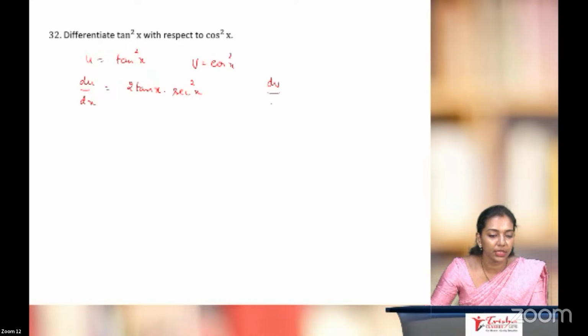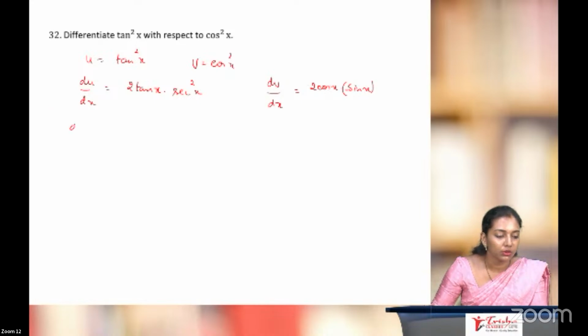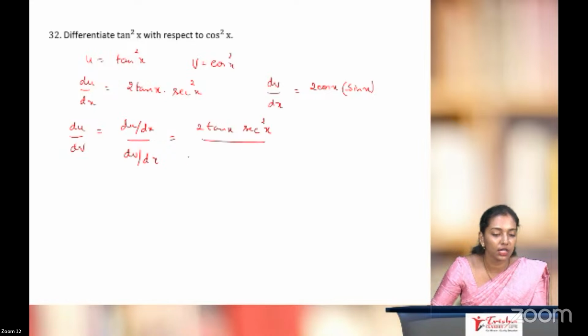Now, dv by dx. 2 cos x into differentiation of cos x is minus sin x. So now, du by dv, differentiation of u with respect to v. Du by dx by dv by dx. So 2 tan x secant square x divided by 2 cos x into minus sin x. 2 and 2 cancel.